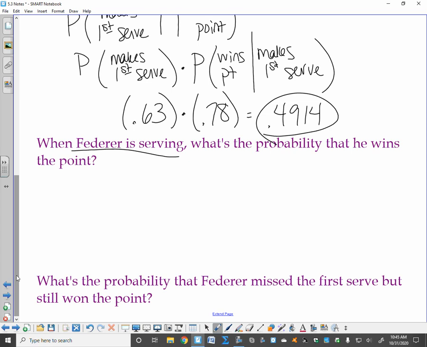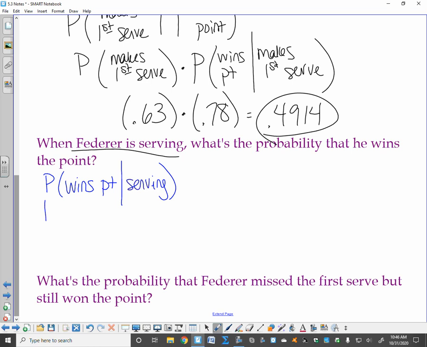Okay, so let's write what they're asking. Probability that he wins the point. Okay, so I want the probability that he wins the point given that he's serving. That can happen 2 ways.